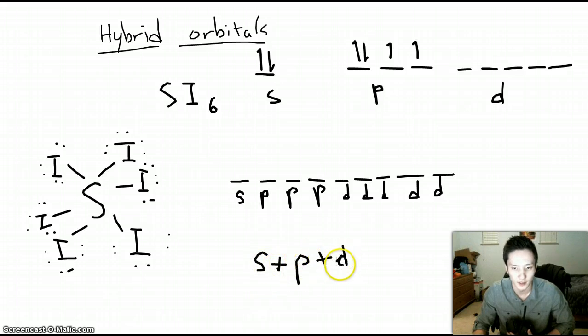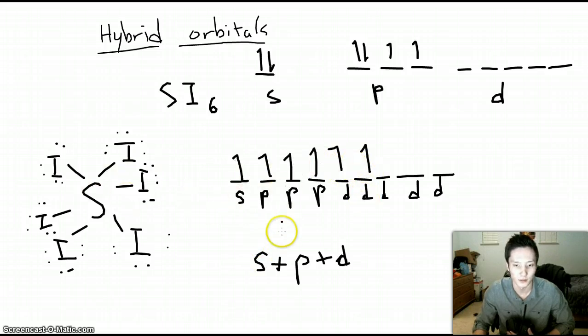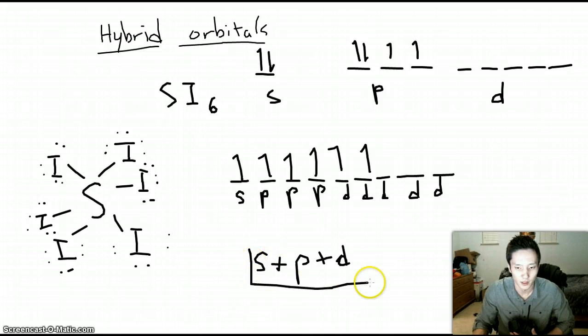Now let's spread the 6 electrons across. This makes sense. Now all of these have the same type of electron, and all of these bonds are equal because it's a hybrid. The electrons come from a hybrid orbital amongst s, p, and d.